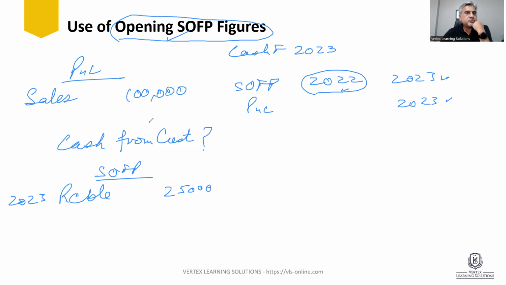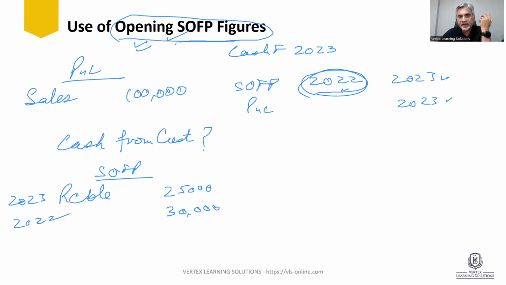So how much cash you have received from customers, still you cannot say, because you cannot say that I have sales 100,000, receivables 25,000, so 75,000 customers paid. No, because there were some opening receivables as well, opening balances. So you say, okay, tell me the last year balance sheet. How much were receivables in the previous year? Previous year receivables were 30,000.